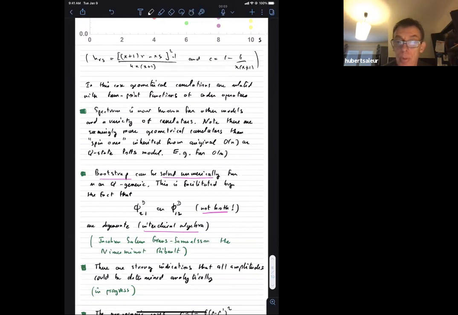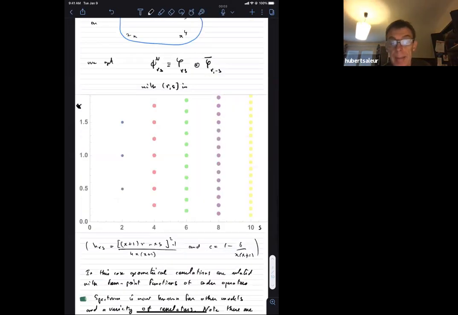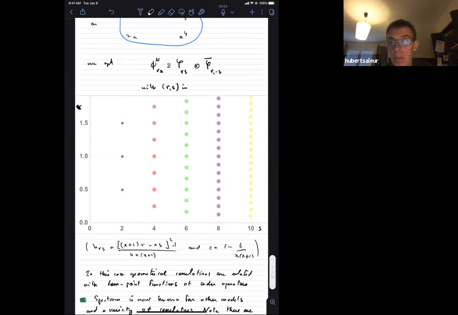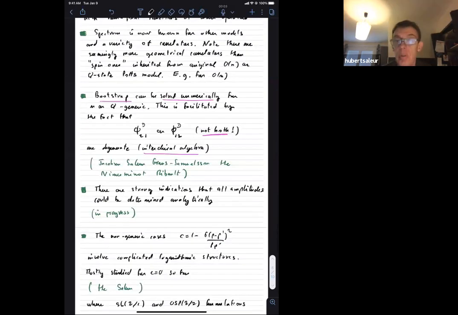Now, solving the bootstrap is extremely difficult, of course, if you have such a spectrum, but there is some order that can be put in this mess. There are two ways to think of this problem.